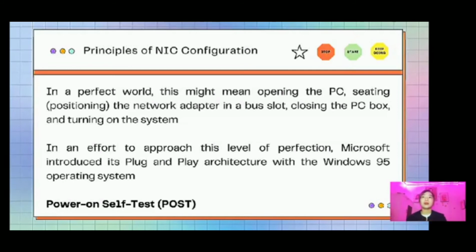In an effort to approach this level of perfection, Microsoft introduced its plug-and-play architecture with the Windows 95 operating system, which uses the Power-On Self-Test, or POST, sequence to negotiate a working configuration without requiring human intervention.